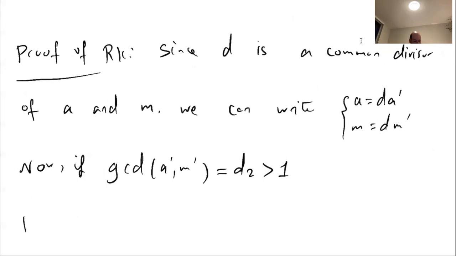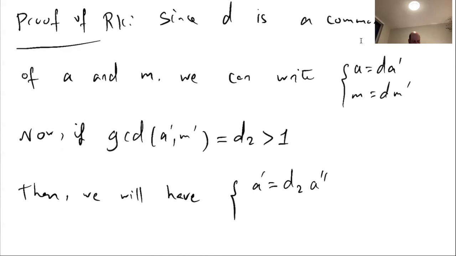Then what can I say? Then we will have A equals D. Now, then A prime, I can write it as D2 times A double prime. And M prime, I can write it as D2 times M double prime, right?